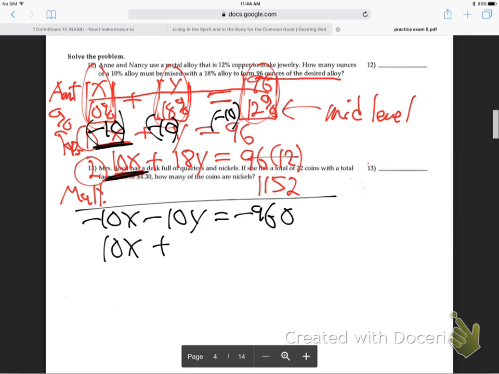The second equation hasn't changed, just bring it down. Now we add them up. Am I going too quick? Does that make sense there? Is that making good sense?